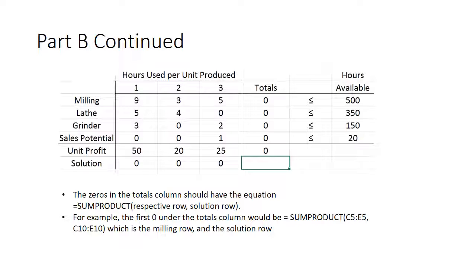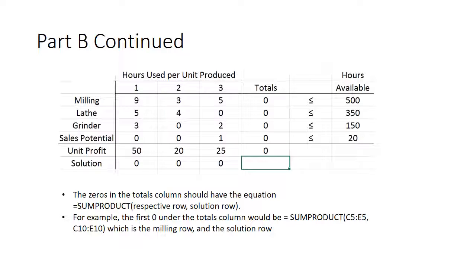We fill in zeros for the solutions row, but the zeros in the totals row are special. If we were to hover over or click on one of these cells, it would show a function or an equation. And that equation is going to be some product, and you can see this down here in the bottom, some product of that respective row, comma, the solution row.